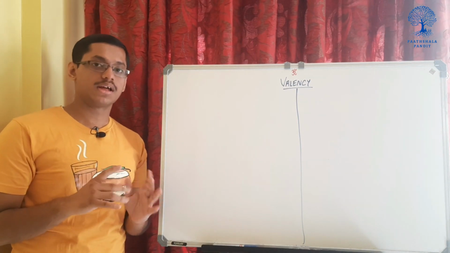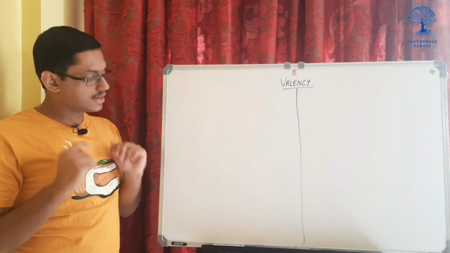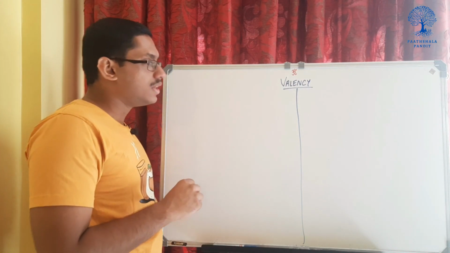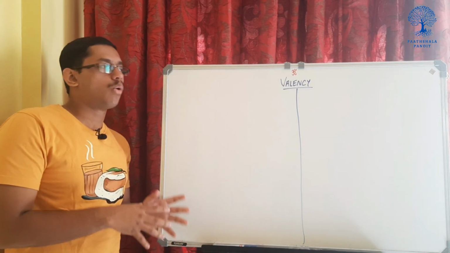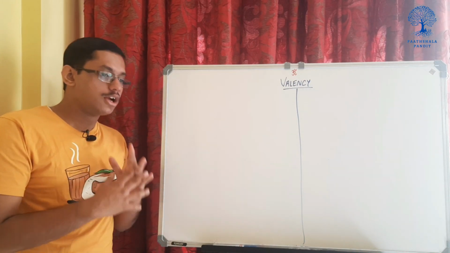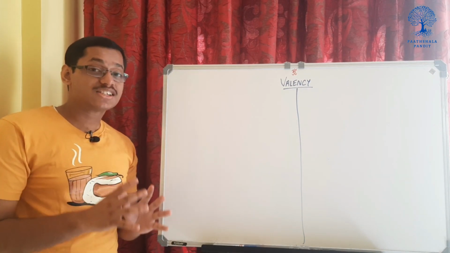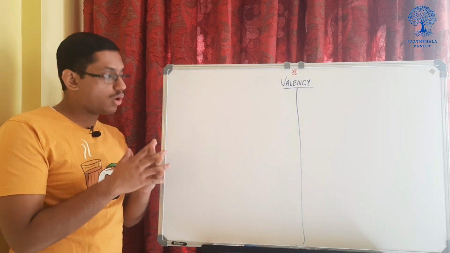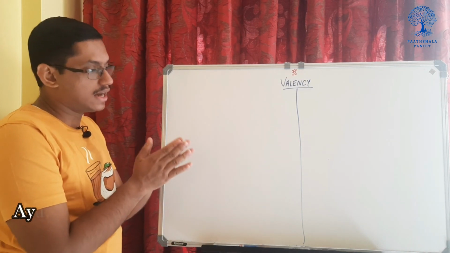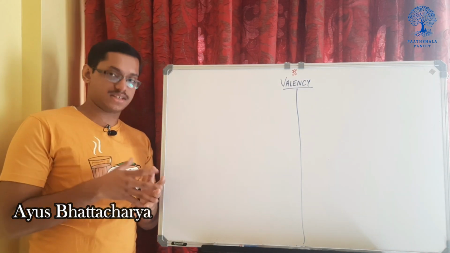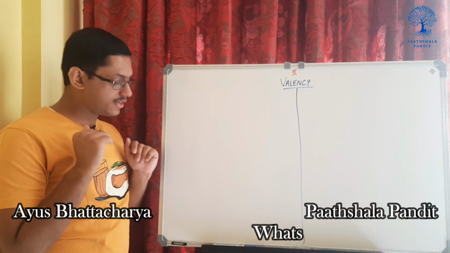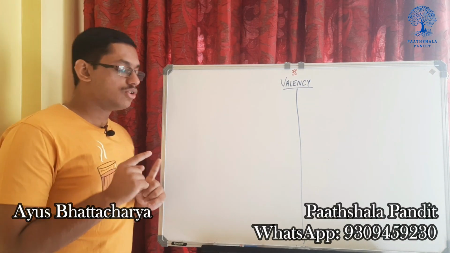So we know that. Now the thing is, each element wants its atom to complete its octet. Okay, it wants to have 8 electrons. I will show you. You know sodium.